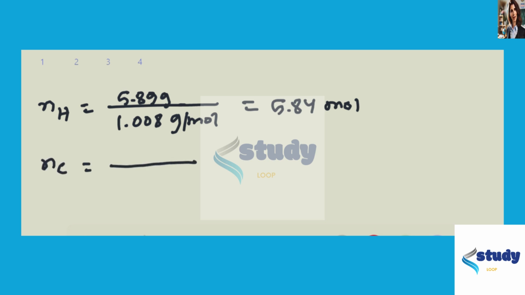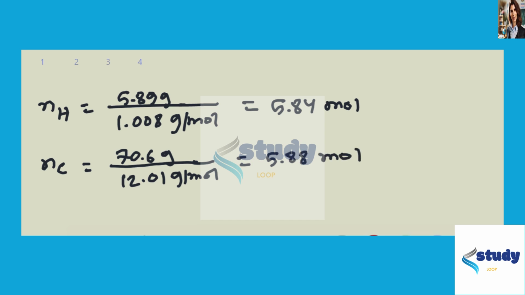Then we'll find out the number of mole of carbon. So the mass of carbon is given as 70.6%. So we'll take it as 70.6 gram over the molar mass of carbon, which is 12.01 gram per mole. And this will give us a value of 5.88 mole. And then finally, we'll find out the number of moles of oxygen.